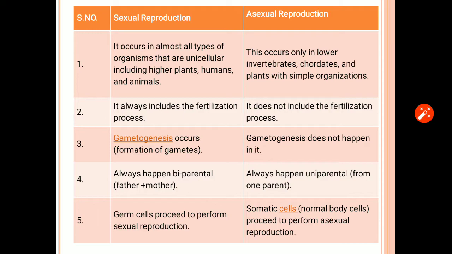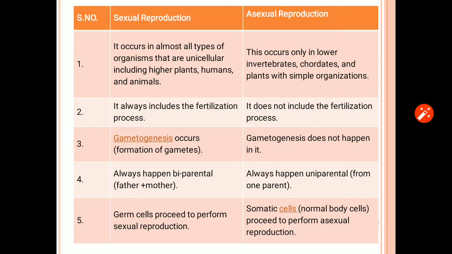Gamete formation occurs in sexual reproduction, while in asexual reproduction, gametogenesis does not happen. In sexual reproduction, two parents are needed, while in asexual reproduction, a single parent forms the new organisms.